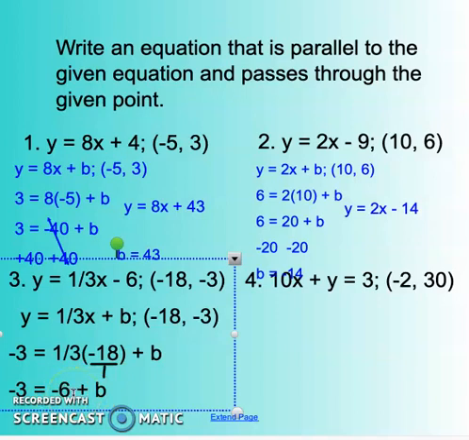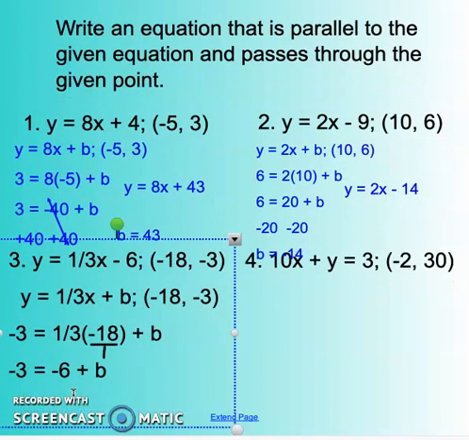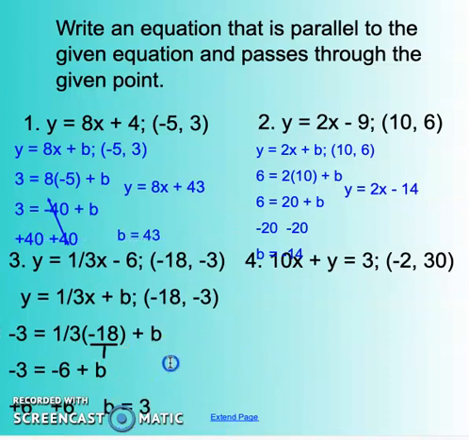Remember, we're going to do the inverse, which would be subtract -6, same as a double shot, so we're adding 6. If I add 6 on both sides, then b is 3. So b equals 3, and my equation is y equals 1/3 x plus 3.